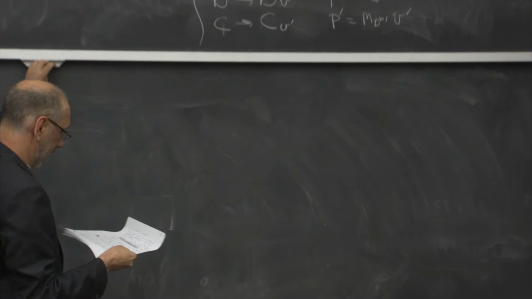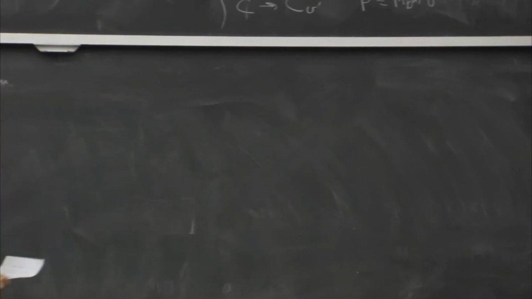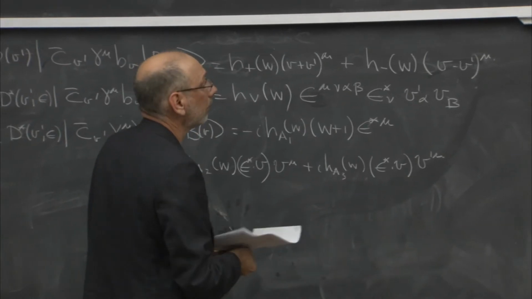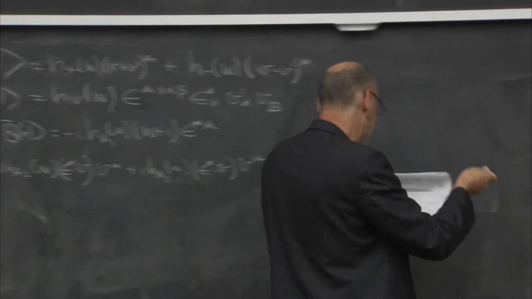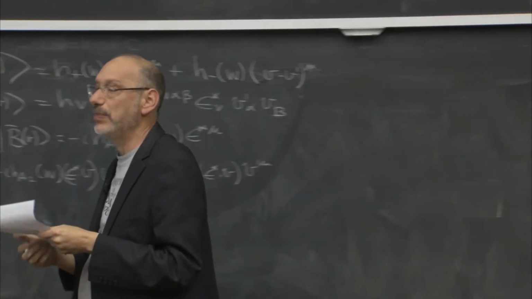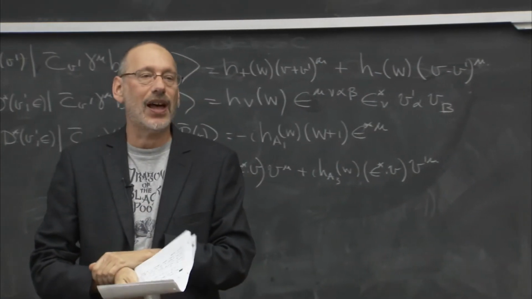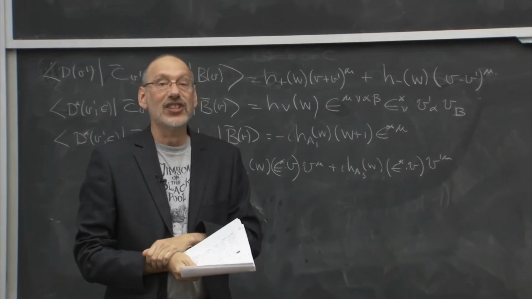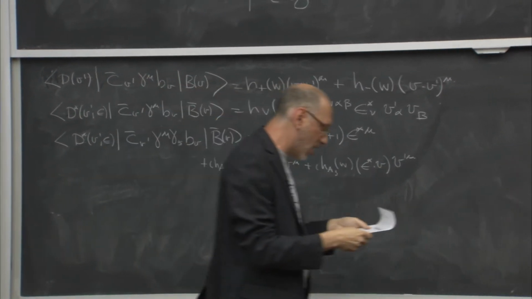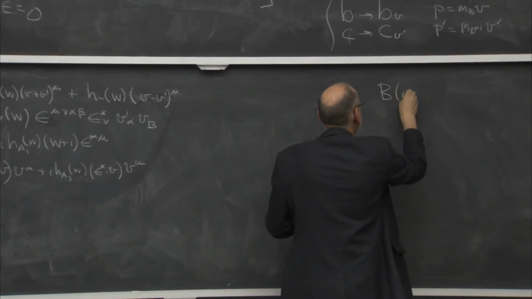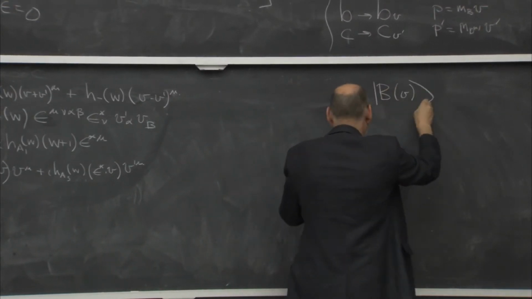So just a little bit more. Our states have factors of the heavy quark mass in them because we usually conventionally normalize things to twice the energy. The energy has a factor of the mass in it. So basically I want to introduce states, for example, B of V. Let's do the bottom.